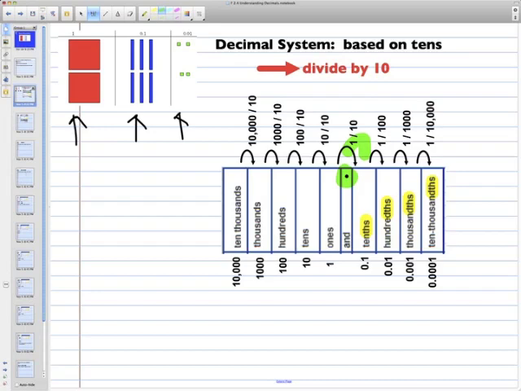And as we move again to the right, our place value is now 10 times smaller than the tenths, and that makes it the hundredths. And one more hop, we're 10 times smaller again than the hundredths, and that's the thousandths. And one more hop to the right makes the ten thousandths, which is 10 times smaller than the thousandths place value.